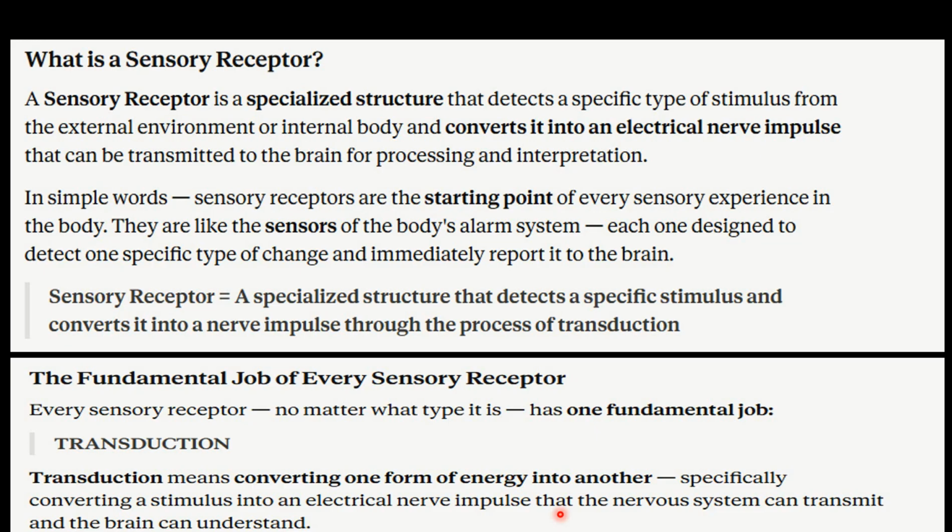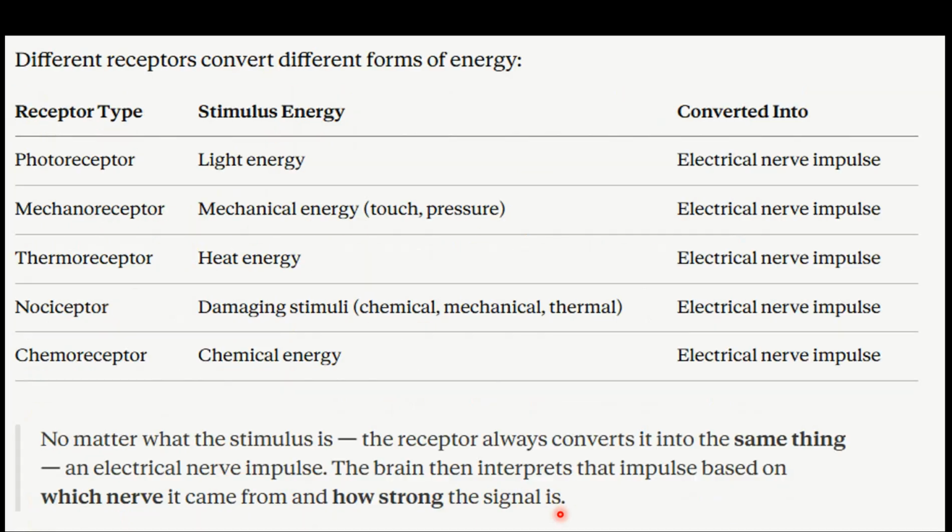It is the process of converting one form of energy into another. In the case of a sensory receptor, it converts a stimulus into an electrical nerve impulse that the nervous system can transmit and the brain can understand. I think it is clear what a sensory receptor is and its fundamental functionality.